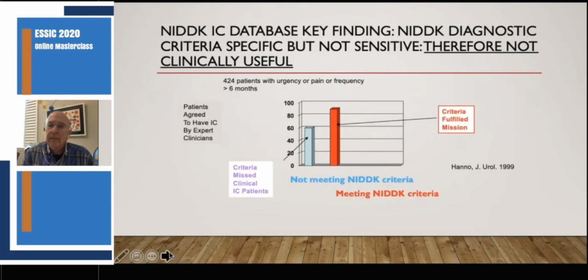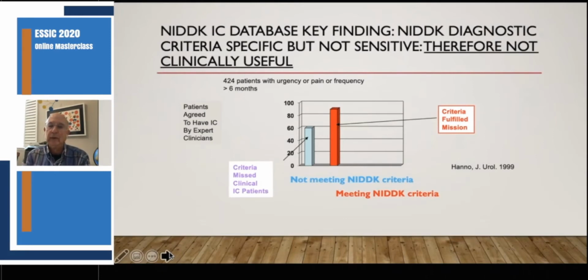Now, one of the things to come out of the interstitial cystitis database, the first 5 years of that study, was to look at the NIDDK criteria and determine whether they met their purpose, and that was bringing together patients who everyone would agree had interstitial cystitis. And they were very successful because more than 90% of patients who met the NIDDK criteria were felt by experts to have this disorder.